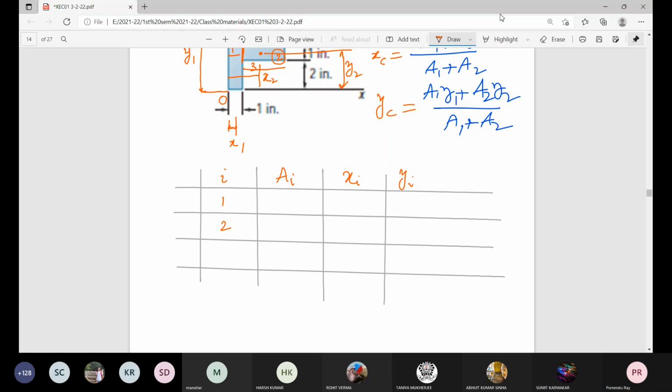Next, we extend this table a little further. Then we write down these multiplied values. Sorry, it should be yi.